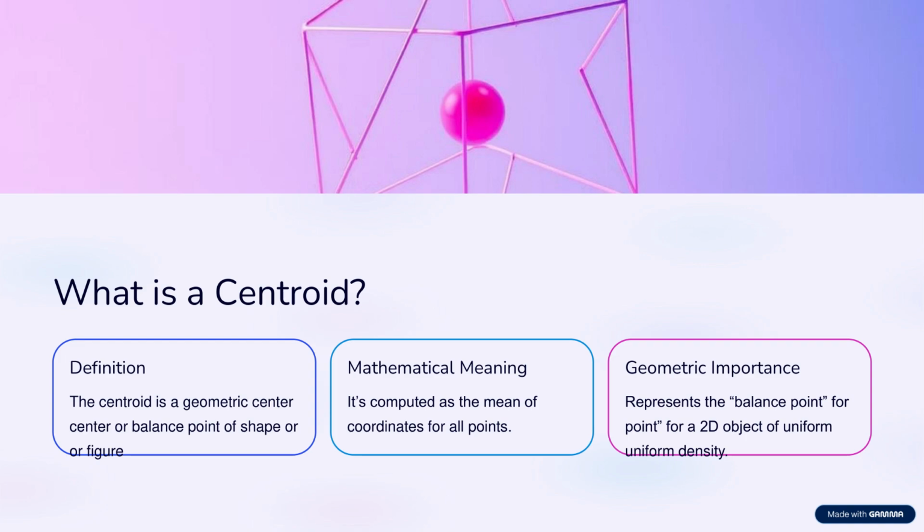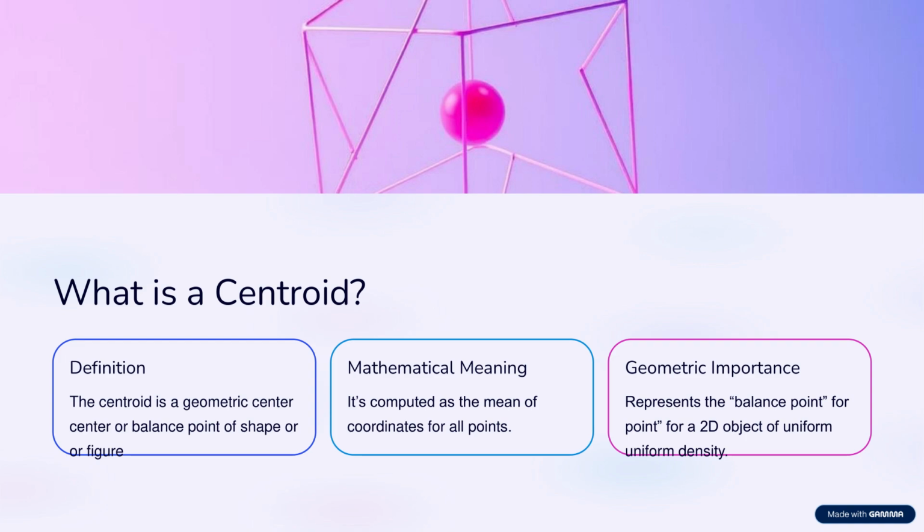In a triangle, for example, it's the point where all three medians intersect. It represents the average position of all the points in the shape. In mathematical meaning, it's computed as the mean of coordinates for all points.